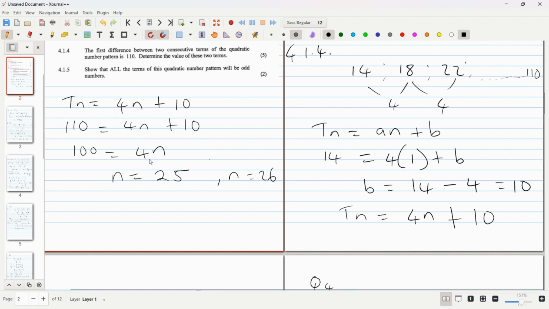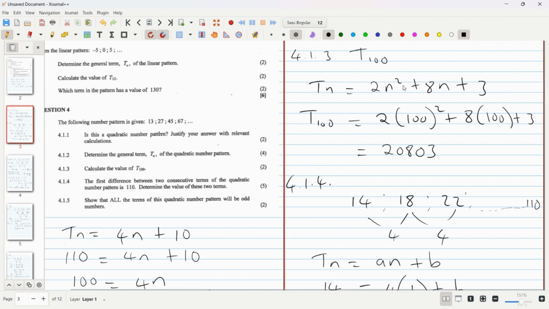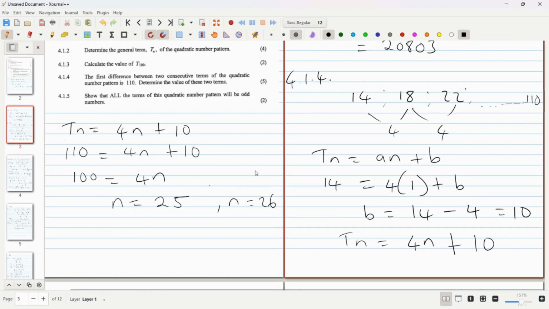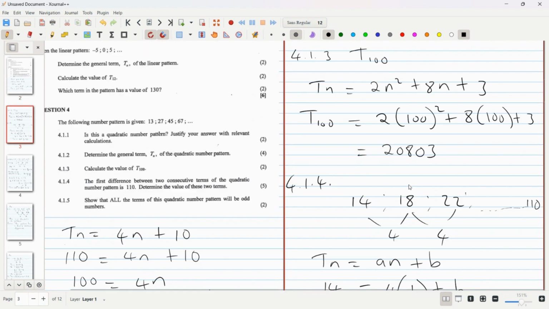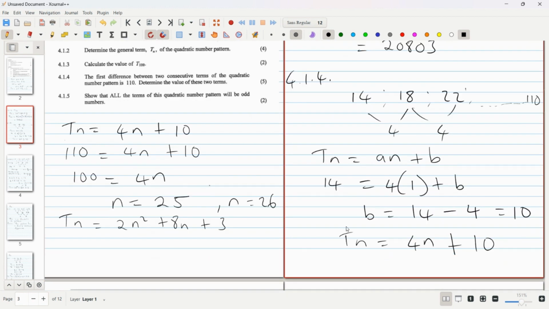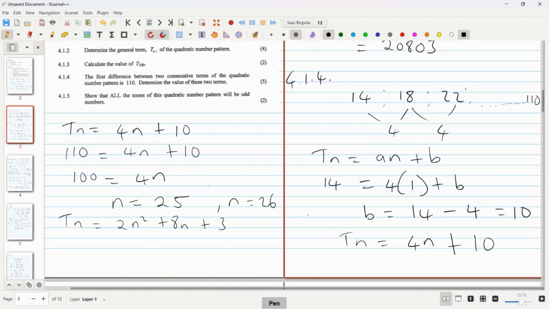When we find the values of these two terms, we have to substitute into our original equation, the original quadratic equation of the number pattern, right? So our original equation is Tn equals 2n squared plus 8n plus 3, right? So to confirm, this is our original equation. So you just need to substitute for the first one, T25.